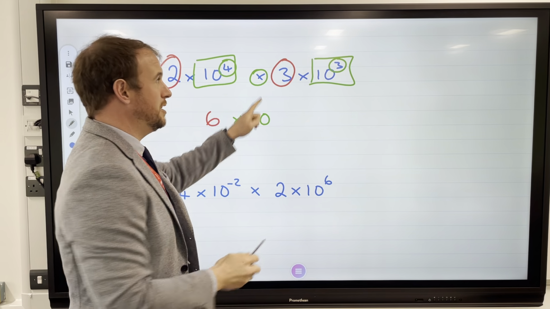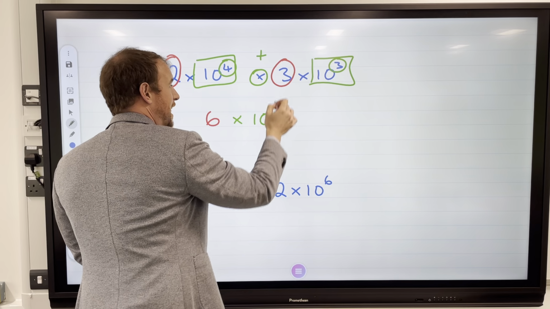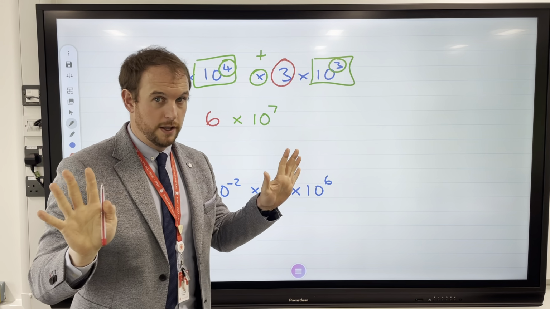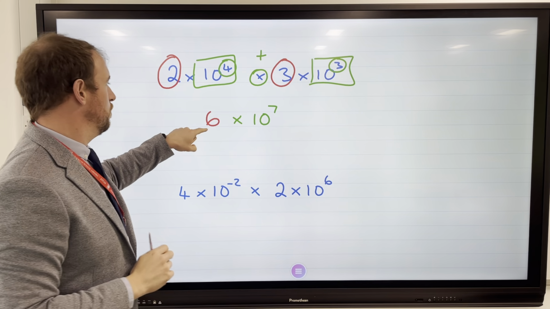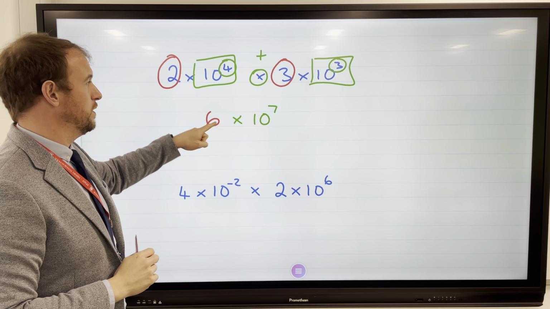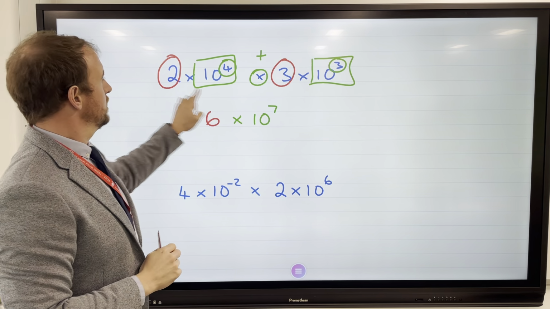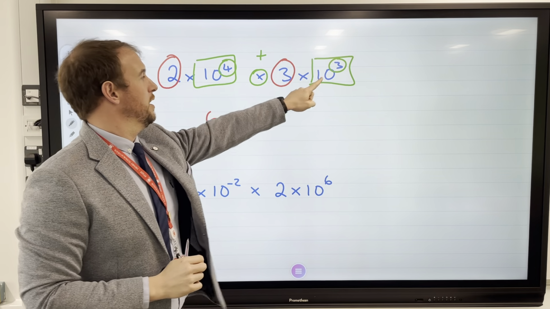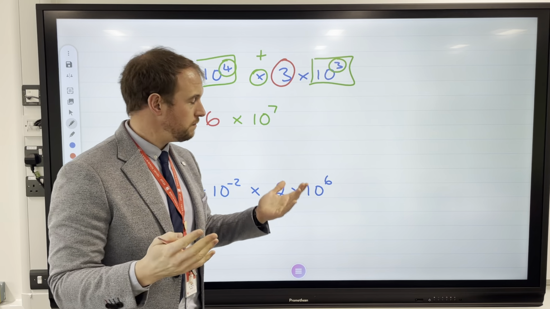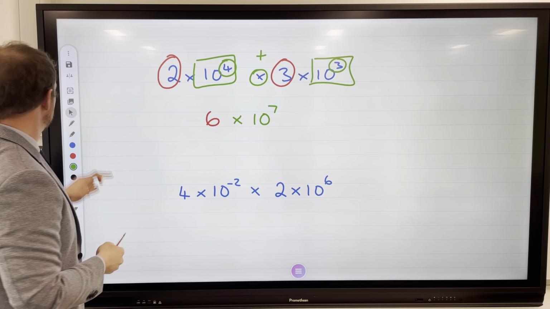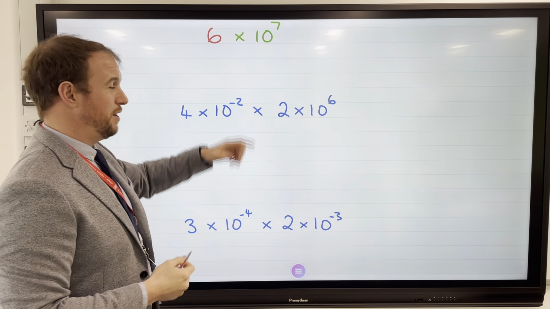When we multiply, we add the powers, and that's it. Just like that. This is in standard form, so I've got one digit before the decimal point. So I've multiplied my numbers, and then used my indices rule when it comes to the powers. Easy peasy.